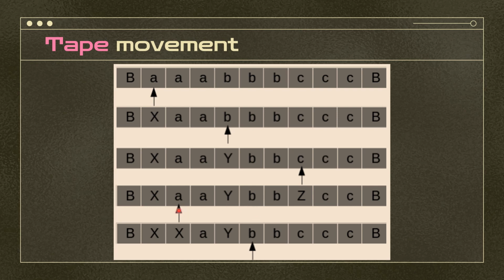We reach the unmarked X and pass every Z, B, Y, A on the way to X. And now that we've moved to A, we repeat the process entirely.